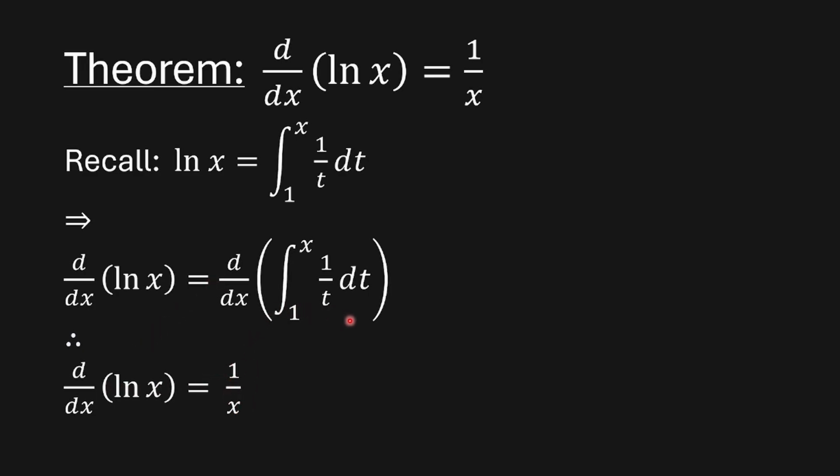This is simply due to the fundamental theorem of calculus. The differentiation operator cancels out with the integral operator, and we just have to plug in the bounds and subtract. Plugging in the bounds here, we get 1 over x. Plugging in the bounds here, well, this is constant, so when you differentiate a constant, it goes to 0. Therefore, we can conclude that the derivative of ln x is equal to 1 over x.